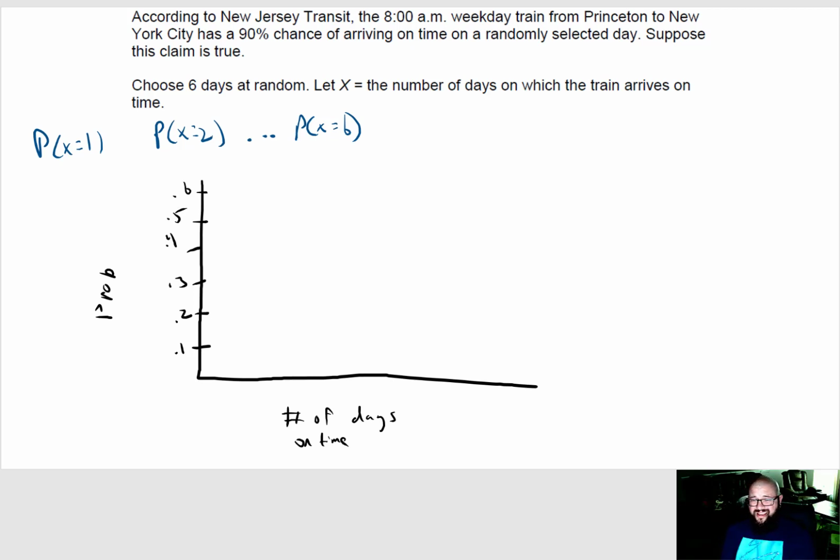Well, decimal values, but looking at percentages, right? You're going anywhere from 10 to 60% of the time. For the number of days, we only did 6, so start out at 0, 1, all the way up to 6 here.